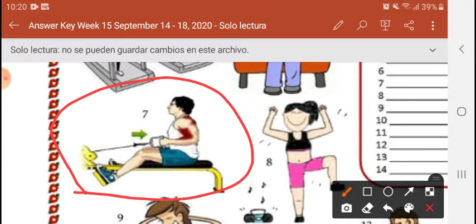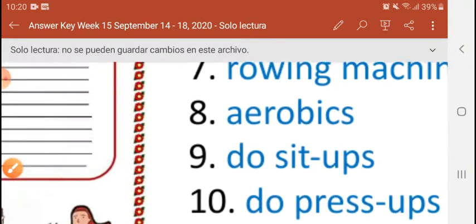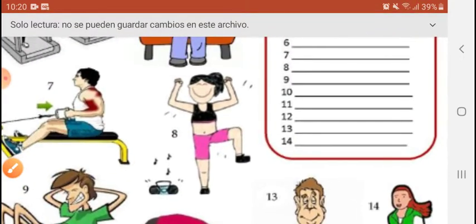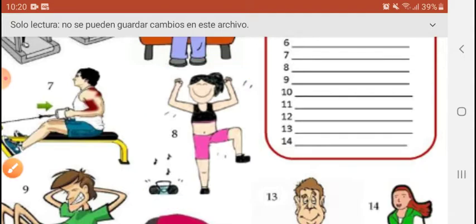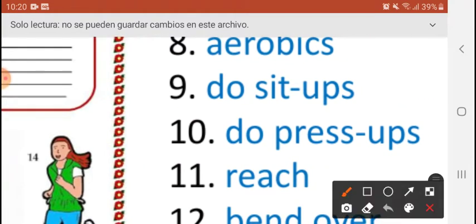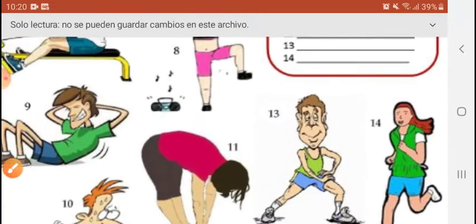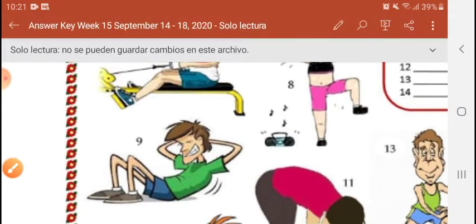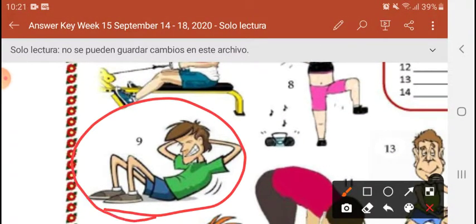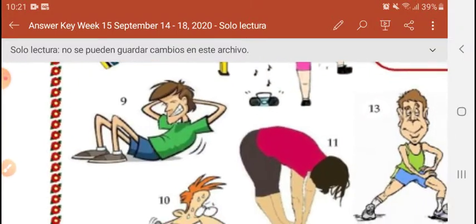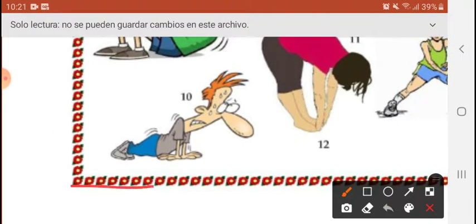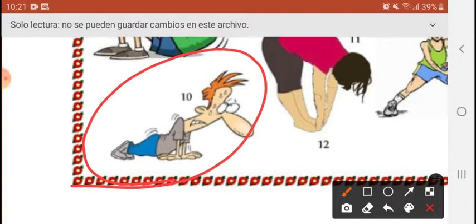Number 8, aerobics. Number 9, do sit-ups. Number 10, do press-ups. Algunos le dicen push-ups, casi lo mismo.